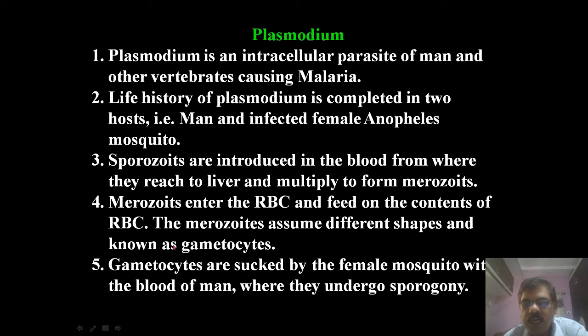These gametocytes are sucked by the female mosquito with the blood of man, where they undergo sporogony, and therefore the life cycle continues in man and again the female Anopheles mosquito. And so this lives in a parasitic mode of life, and it causes a disease that we call malaria. Thank you.